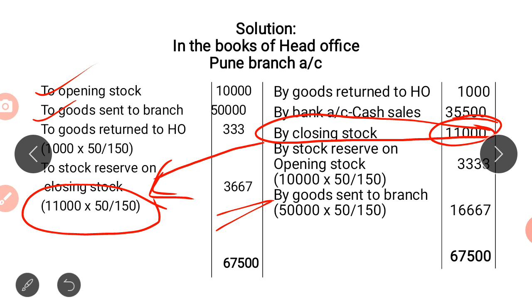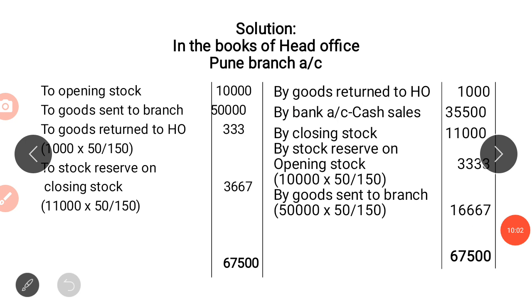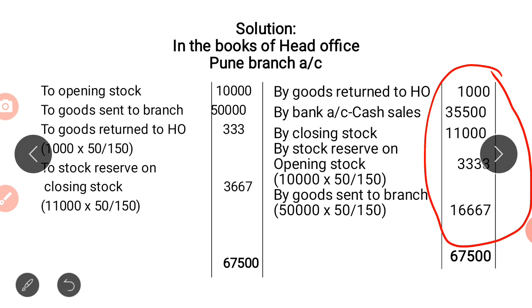Then you have to find whether it is a general profit or a loss. Now here in this problem, I have not made that entry, so we have the credit side more. When we add this we'll get 67,500.